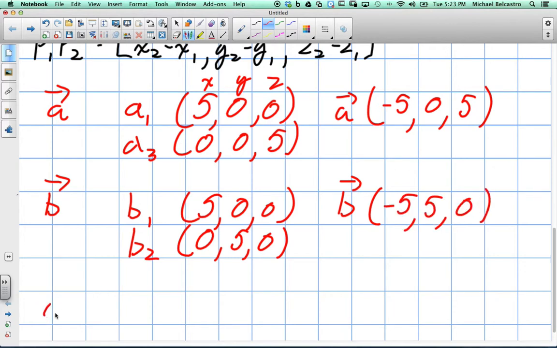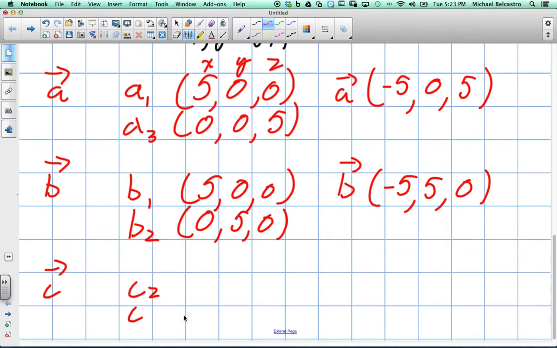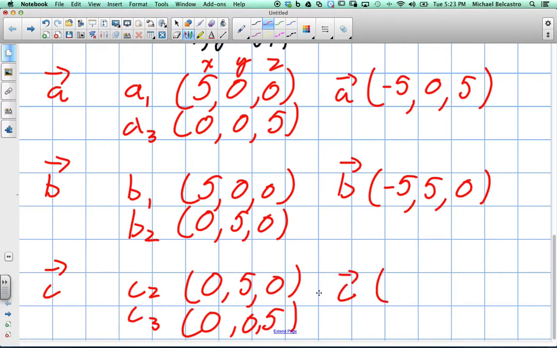And finally, we might as well find our C vector, which will be between point 2 and point 3. We'll call it C2 and C3. C2 is 0, 5, 0, and C3 is 0, 0, 5. Using the same formula for vector C, we get 0, negative 5, 5.